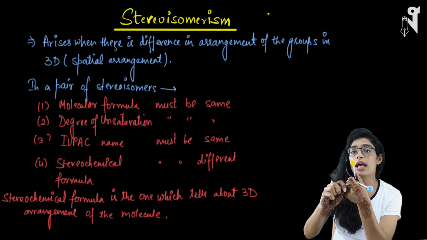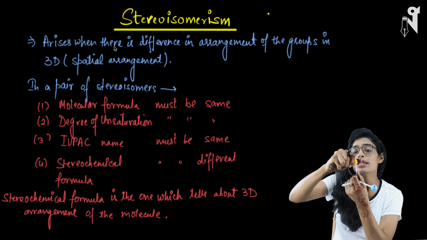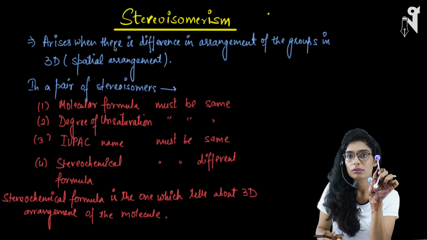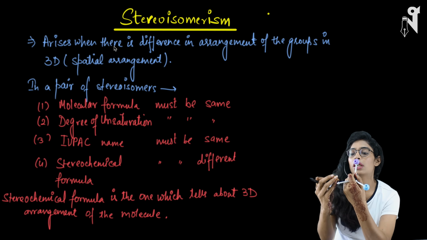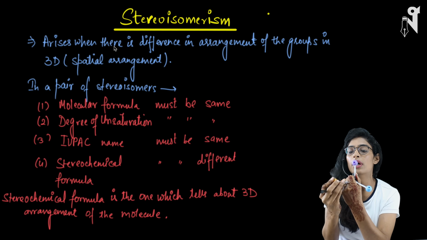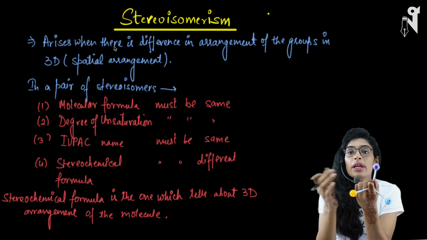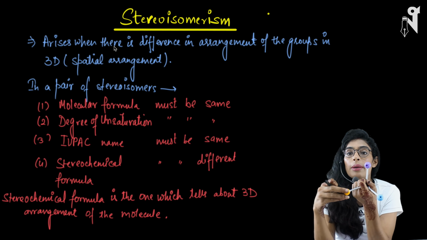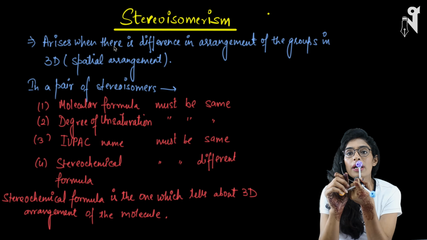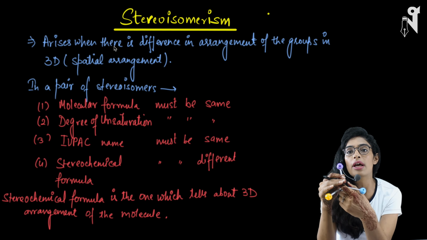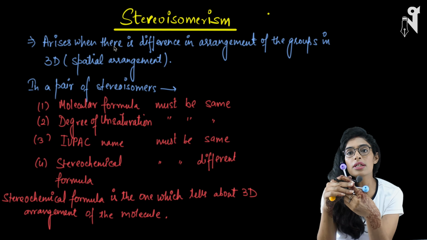Whereas in the earlier scenario, the purple one and the white one were towards me, and the blue one and the yellow one were away. That's not making a difference in the chemical formula of the molecule, but the arrangement is definitely changing, and any changes due to this change in arrangement come under stereoisomerism.